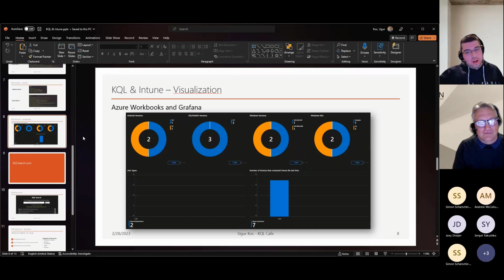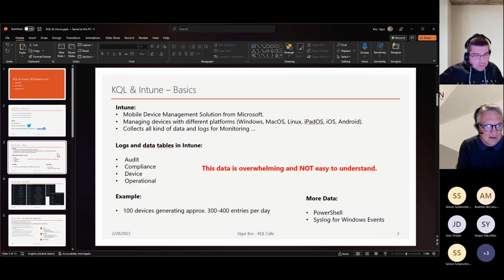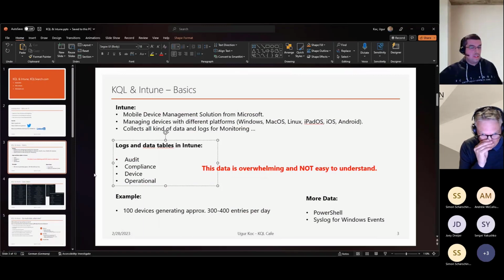Sure. One important thing, and that's also true for Sentinel, is you have to choose wisely before you ingest all data. Not every data makes sense. Let me go to, I guess it was the third slide. So let's say you are just interested in the device. First of all, you need to know which data you're searching for, right? If the answer to your question is only in the data table from the device or operation or compliance or audit, you don't have to ingest all 4 of them.